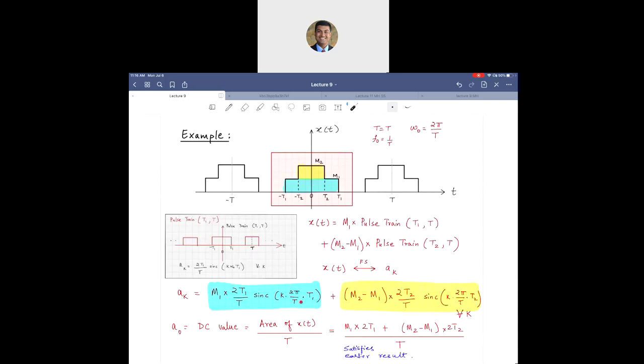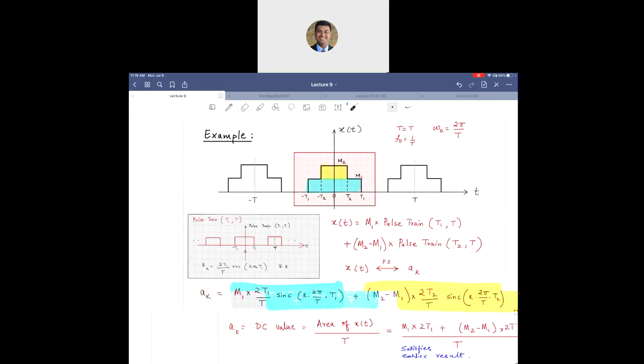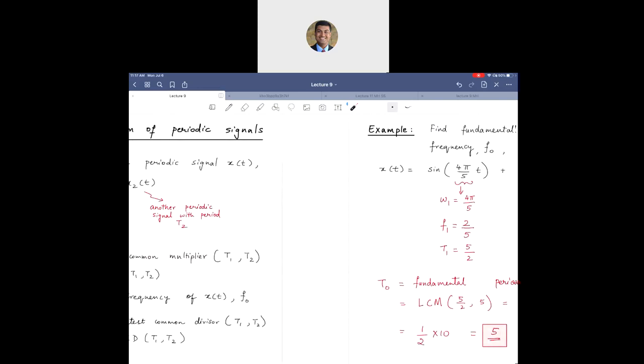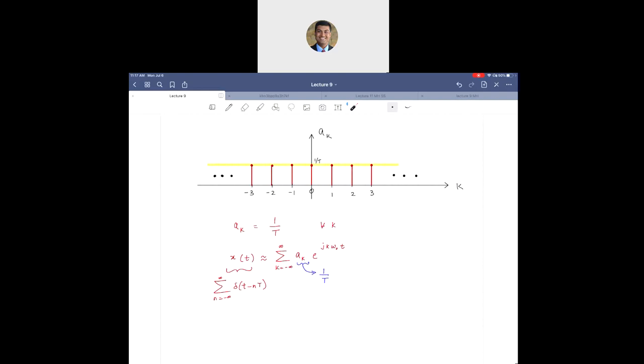Ryan says this method works for only pulse trains. Actually, it works for every signal that has a standard form like this. So there will be later on, so far how many forms do I have in terms of standard forms? I have the pulse train and I also have the impulse train, right?